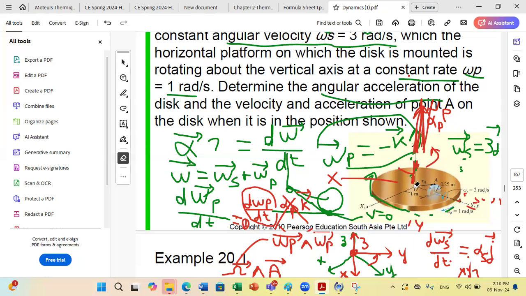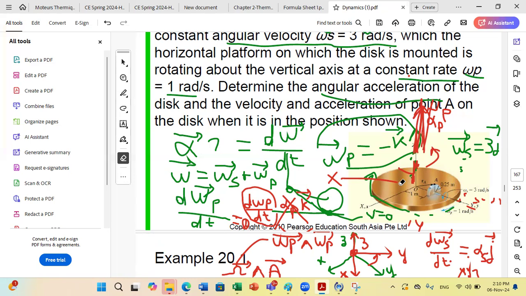And because O is on the axis of rotation, what is the velocity of O? Zero. Okay, the velocity of O is zero. So we can relate the velocity of A to the velocity of O and the acceleration of A to the acceleration of O. So VO and AO are equal to zero.